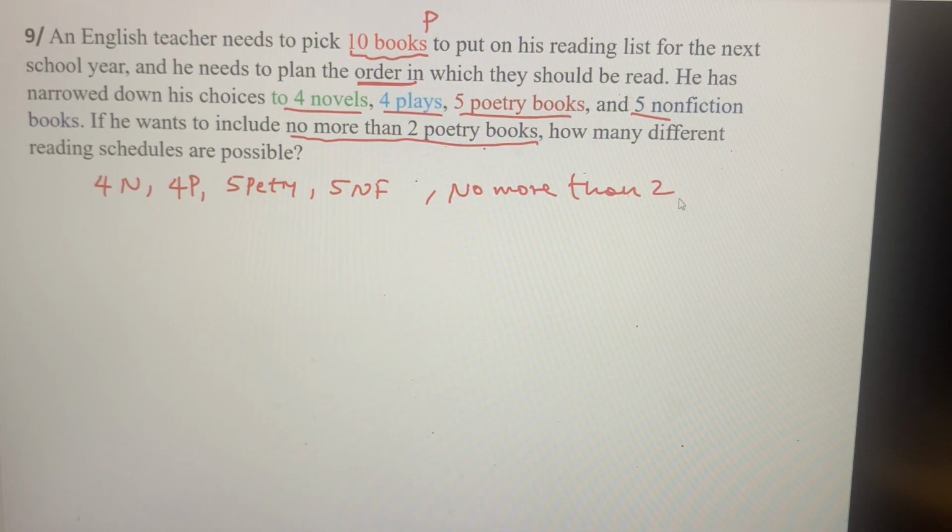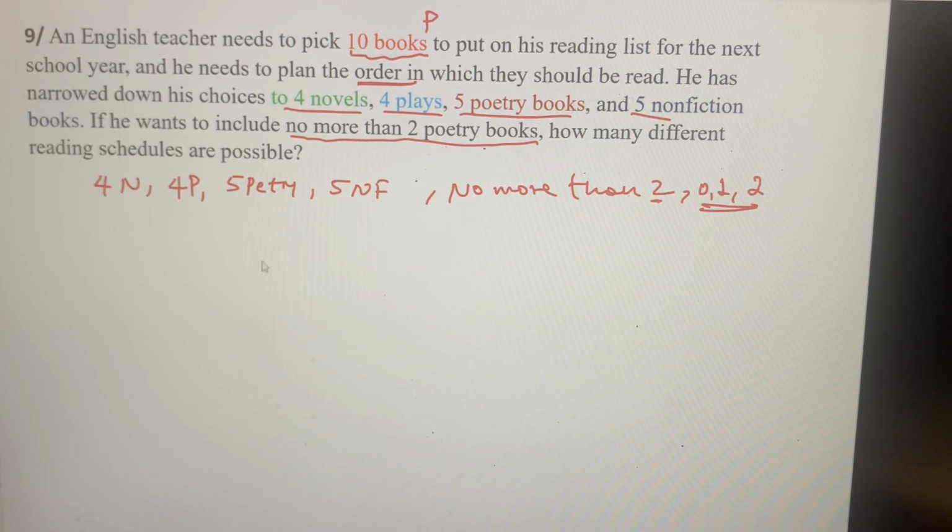No more than 2 means it can be 1, it can be 2, right? It can be 0. So this English teacher can include no poetry books at all, or he can include 1, or he can include 2, because it is not more than 2. Not more than 2 means 0, 1, 2. This is a very important point.